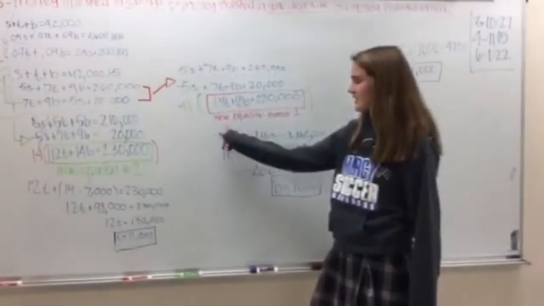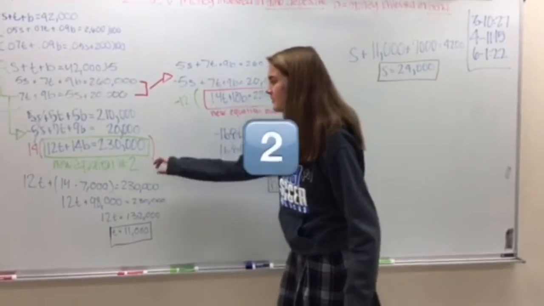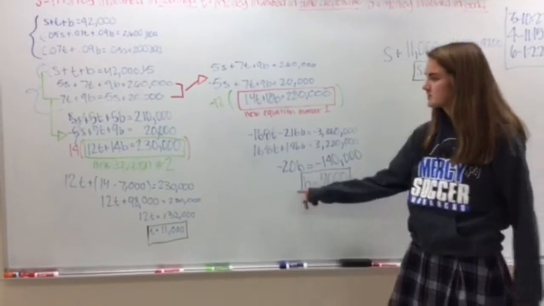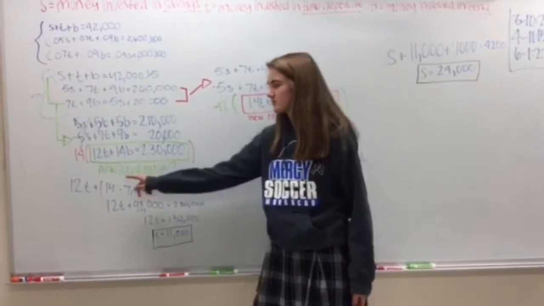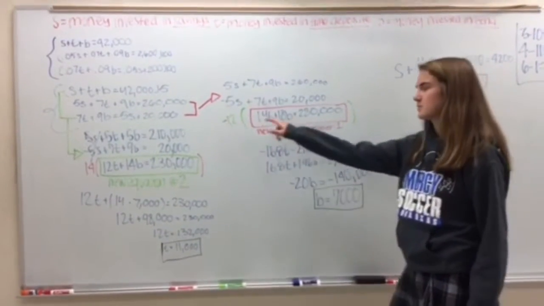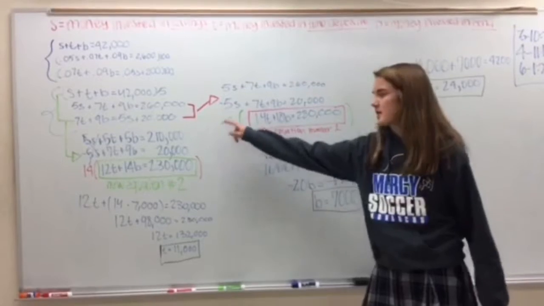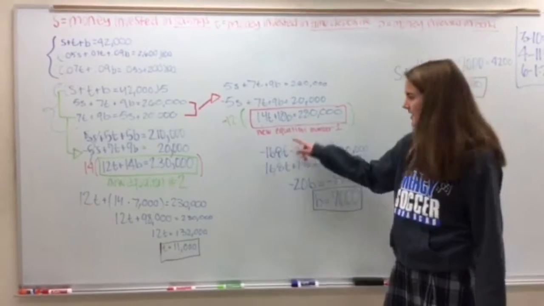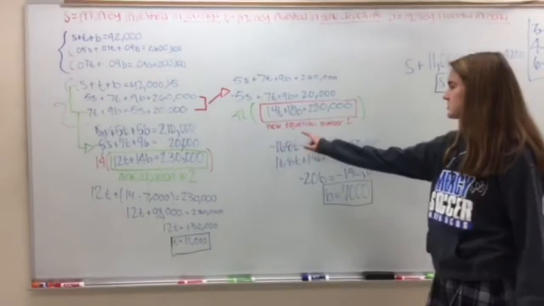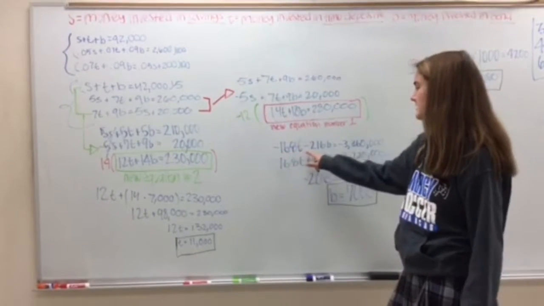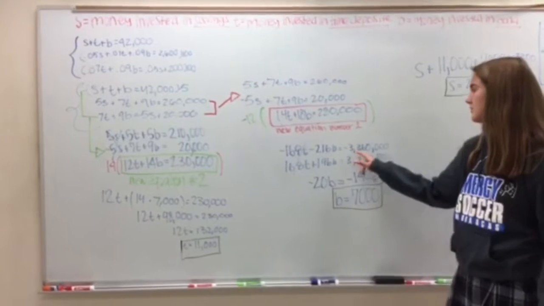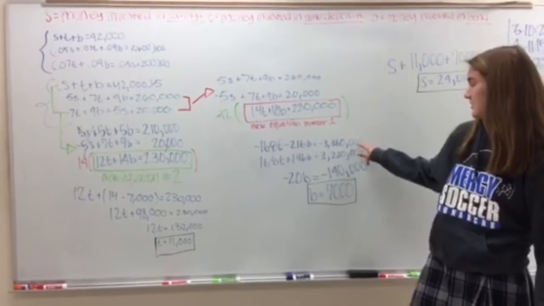Okay, so now that we have our two new equations, we want to use elimination on them to solve for b. So for this equation, we're going to multiply it by 14. And then for our first new equation, we're going to multiply it by negative 12 so that we can cancel out the t's. So for this equation, it changed to negative 168t minus 216b equals negative 3,360,000.